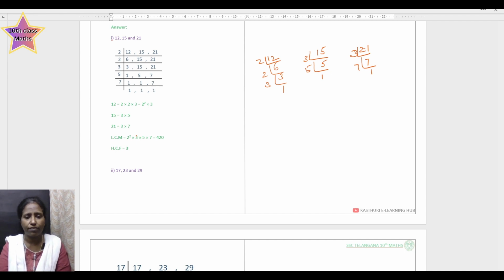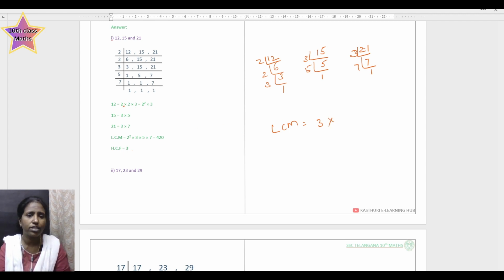After that, we have to go first with the HCF. What is the common one here? Common one is 3 here, 3 here, 3 here. So HCF is 3. Only the common one you write in HCF. In LCM, what do you do? Firstly, you write the common one, which is 3.